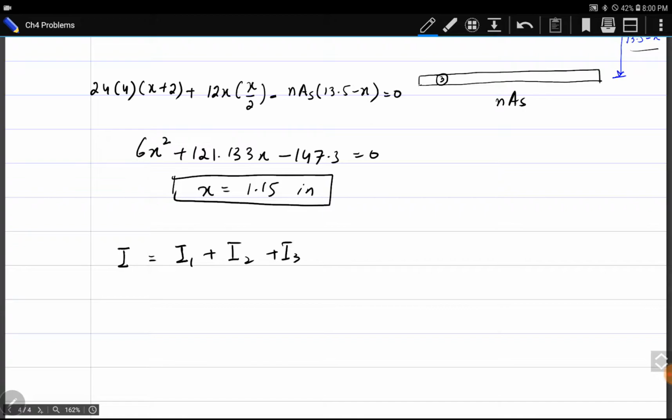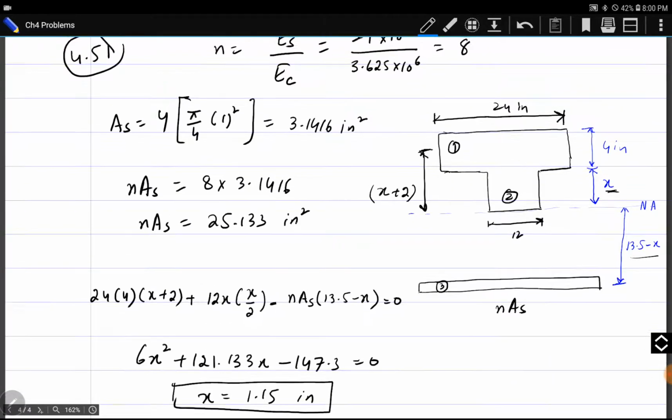Okay, I for section 1 is B1 H1 cube over 12 plus A1 D1 square.